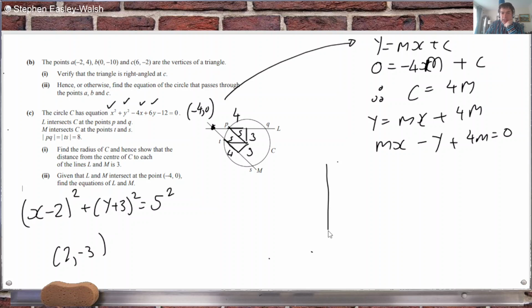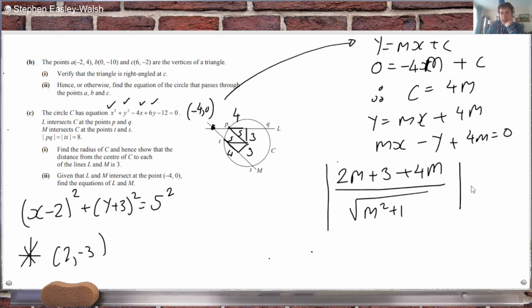And we need the perpendicular distance to be 3, using this point here. And this will produce 2 m's, which is good because we're looking for 2 lines. So that'll be 2m plus 3 plus 4m all over the square root of m squared plus 1. That will equal 3.